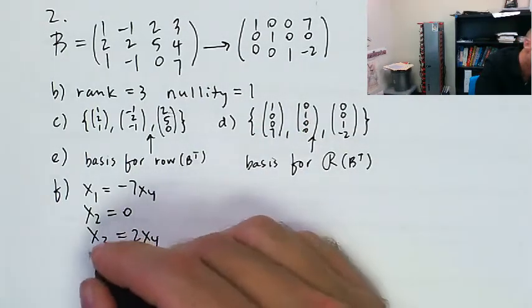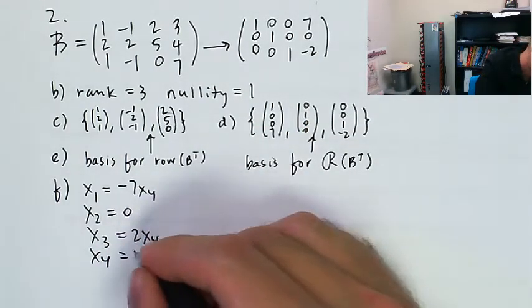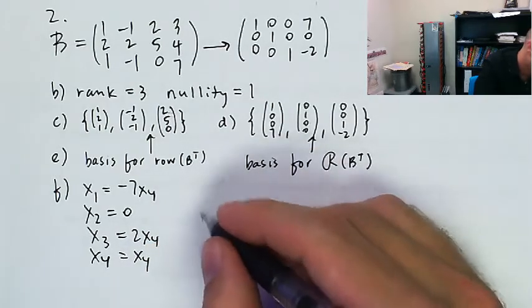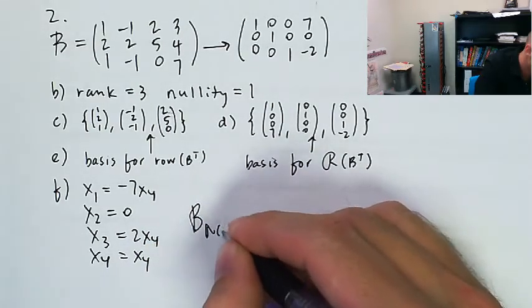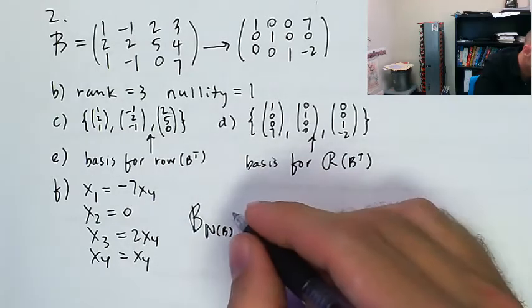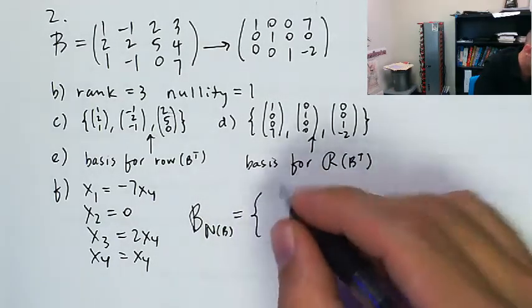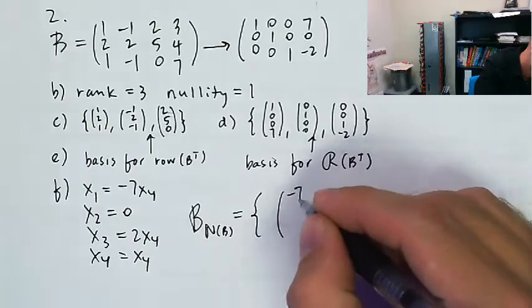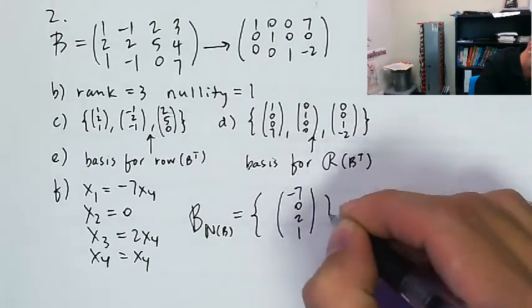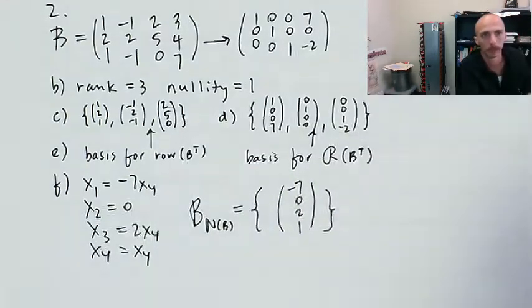I don't know why I was having trouble with that. x4 can be whatever it wants. So the basis for the null space of B is negative 7, 0, 2, 1. Okay, that'll be all for that one.